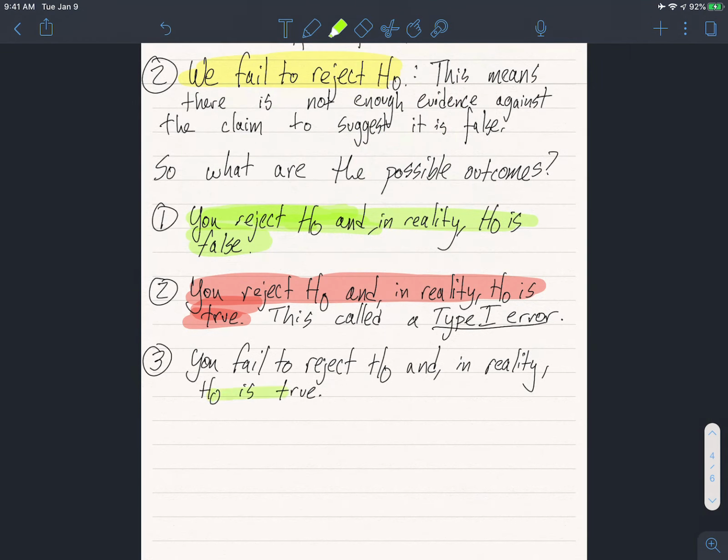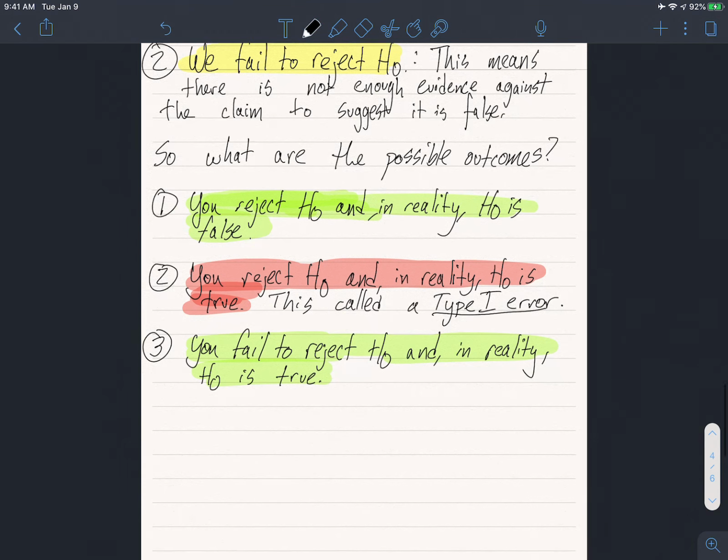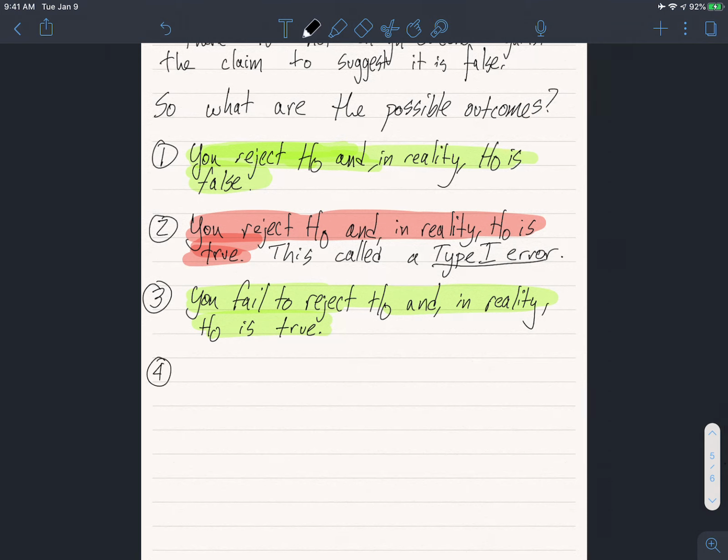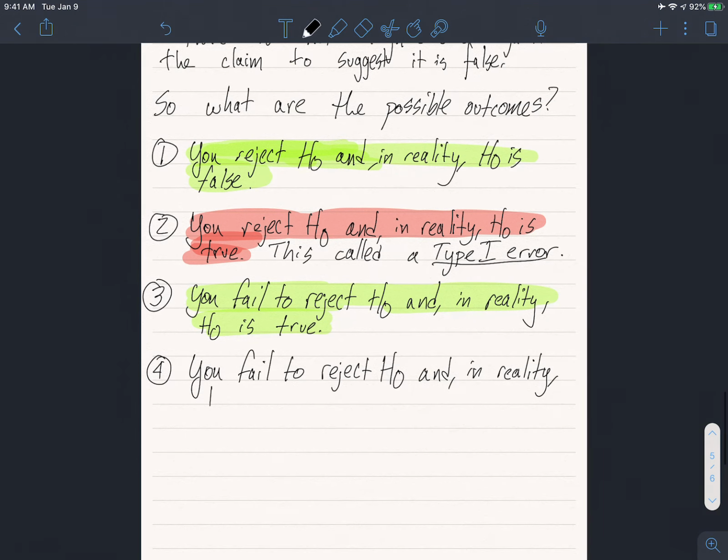But in reality, that's good that you didn't reject me or my claim, because that claim I made was true. That's good. You don't want to reject a true claim. But at the same time, the fourth possible outcome would be you fail to reject H0. So you did not reject the claim, and in reality, H0 is false.